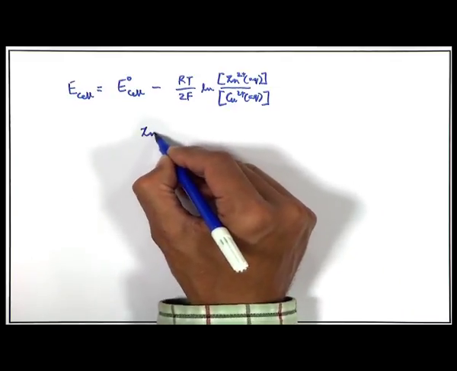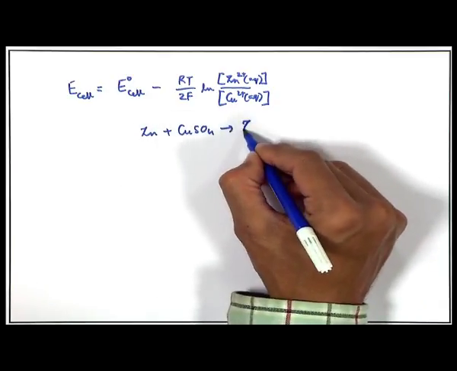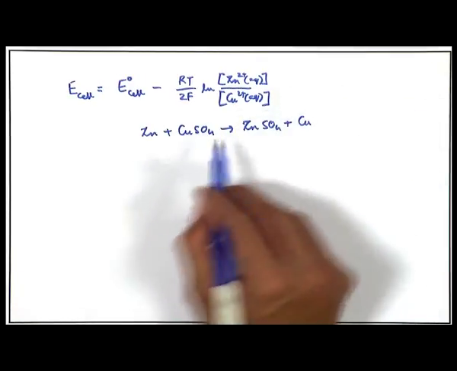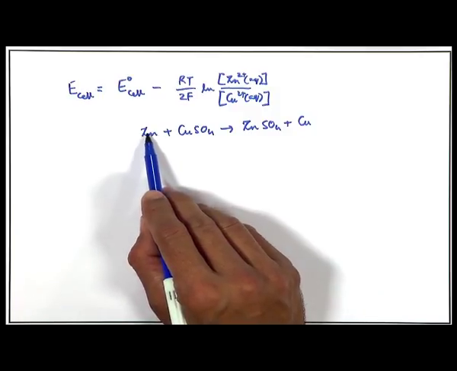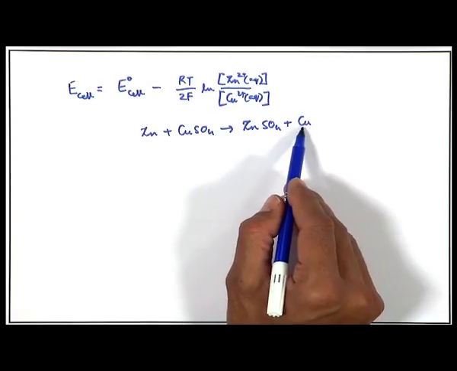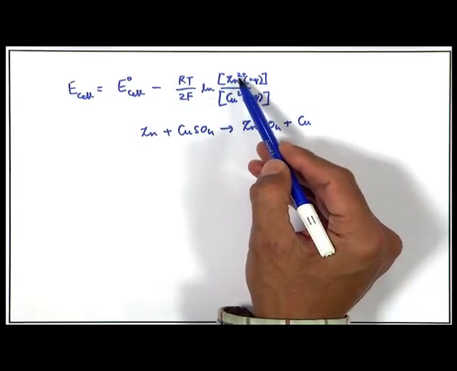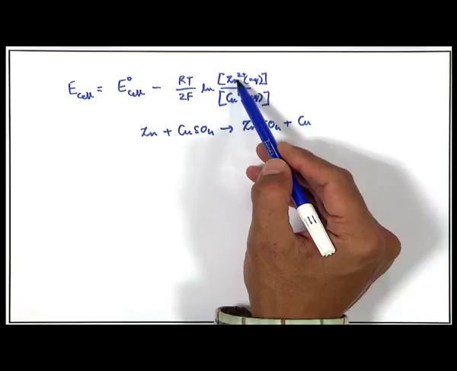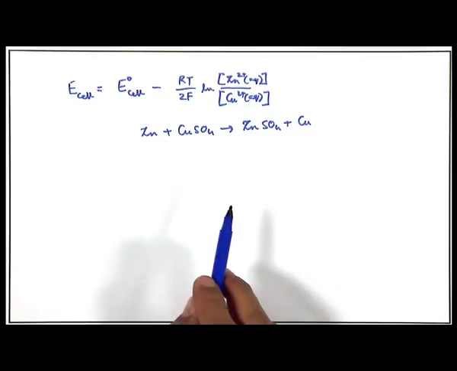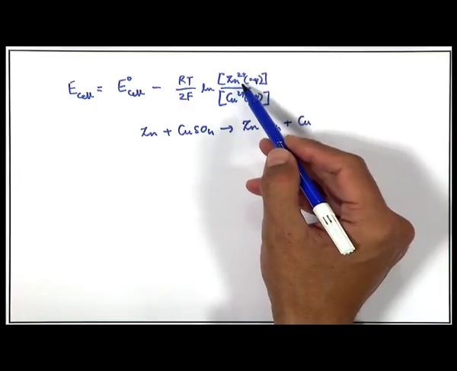So, zinc plus CuSO4 gets you zinc sulphate plus Cu. Since these are pure states of aggregation, their corresponding activity or concentration value can be taken to be unity. So, you see that E cell depends on temperature and also on the ratio of the electroactive species, the ion against which the electrode is reversible. So, it depends on the concentration of that.